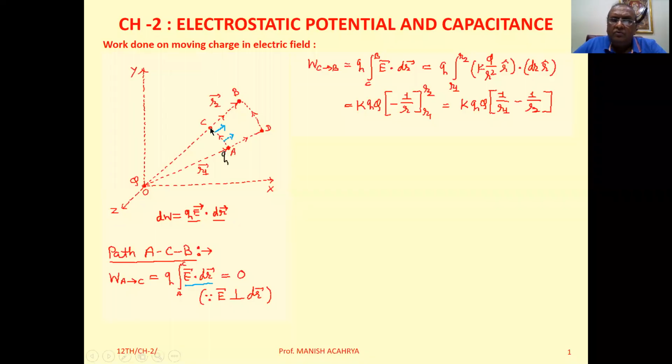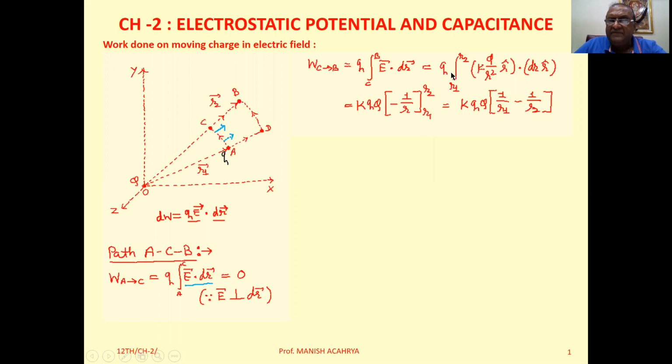Now the work done to move charge q from C to B. So again we can write W for the path C to B, that is equal to q integration C to B E dot dr. Now position C is at distance R1 from the origin, and position B is at distance R2 from the origin. So we can write the limits R1 to R2.